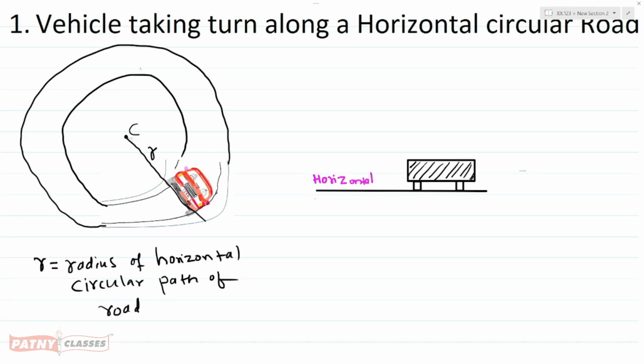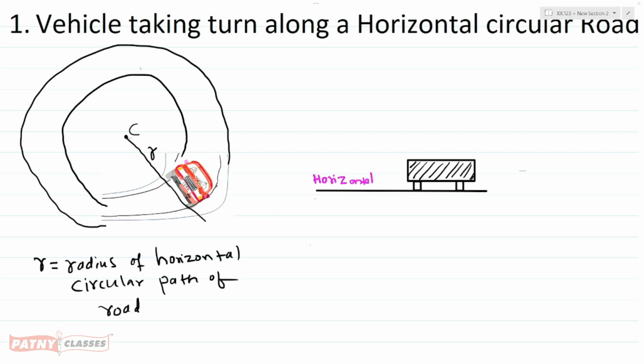Let C be the center of the circular path, and for all calculation purposes we assume the car to be a particle. In place of the car we can use any other vehicle, like a bicycle; it is applicable for a truck, any type of tempo, or even a train.